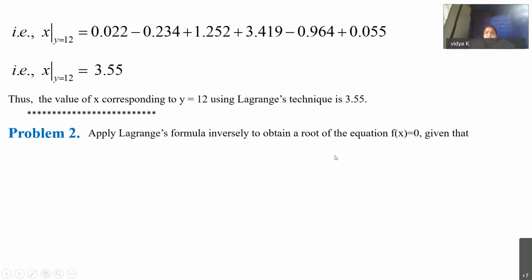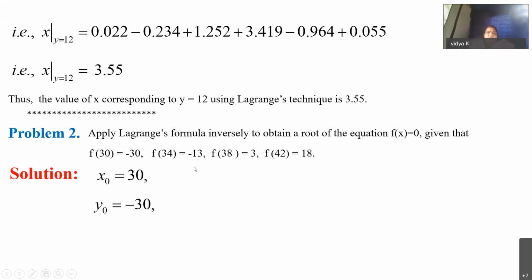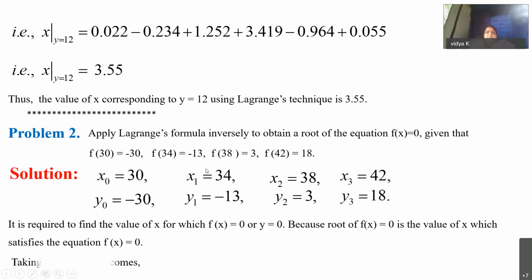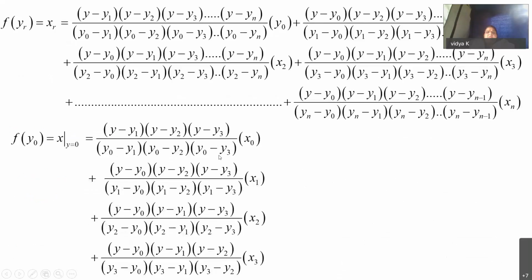Apply Lagrangian formula to obtain the root of the equation. So what is a root? What is the root of f of x equal to 0? It is those values of x for which y is 0. So therefore, whenever they ask to find the root, you use Lagrange's inverse interpolation formula. So write all the notation for the given values, then take the inverse interpolation, then write the inverse interpolation formula.